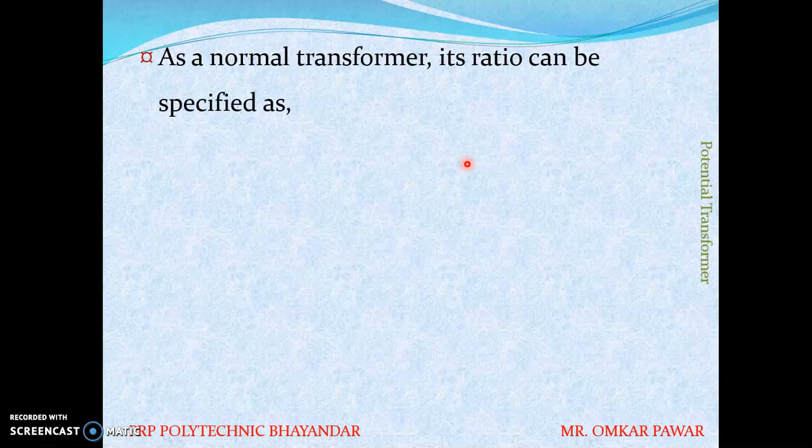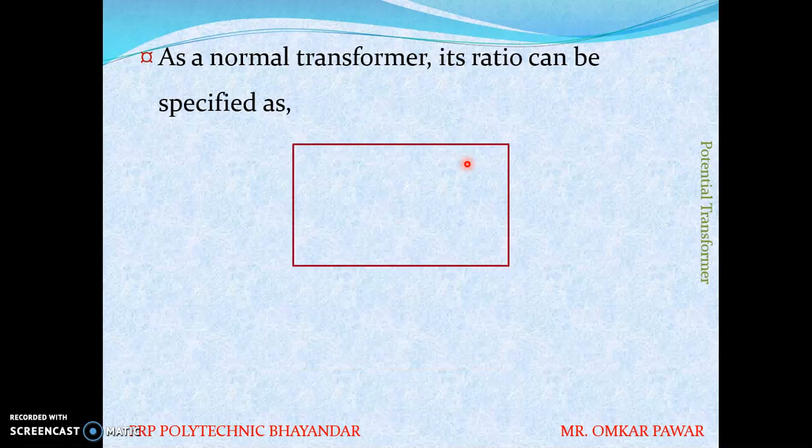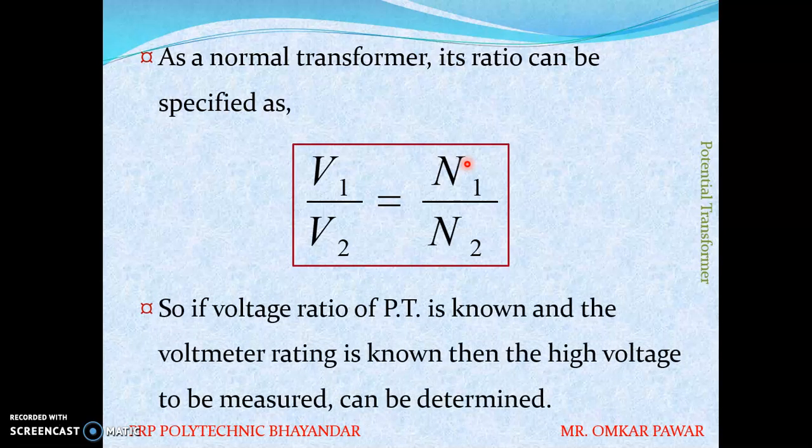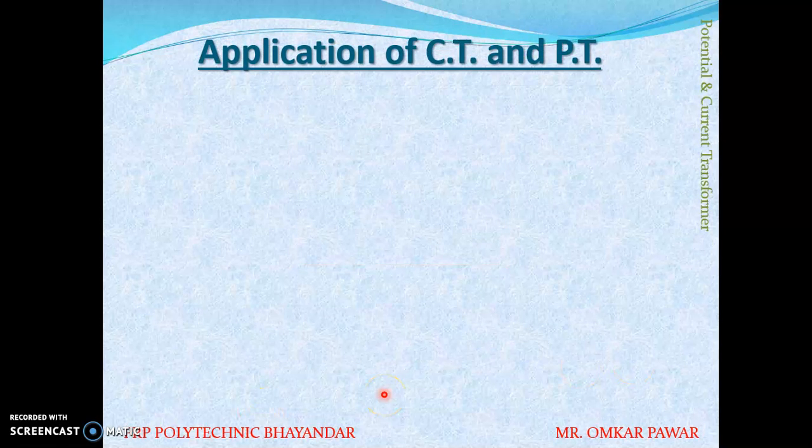As in a normal transformer, its ratio can be specified as V1 divided by V2 is equal to N1 divided by N2. So if the voltage ratio of PT is known and the voltmeter rating is known, then the high voltage to be measured can be determined.